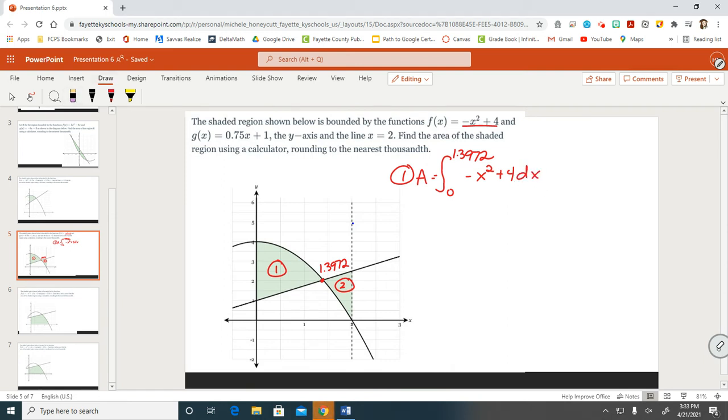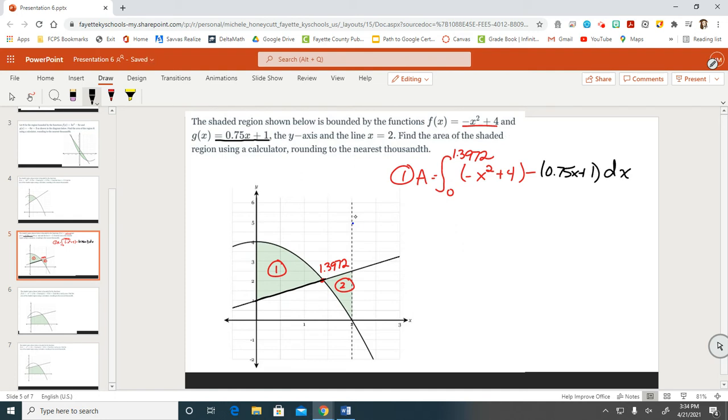The -x squared plus 4 would be my top curve for the area 1, minus the bottom curve. And so the bottom curve here would be 0.75x plus 1, close parentheses, dx.